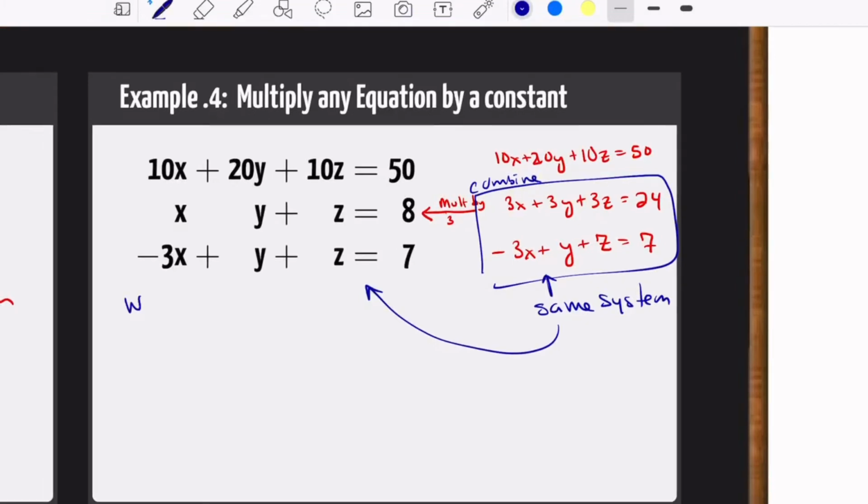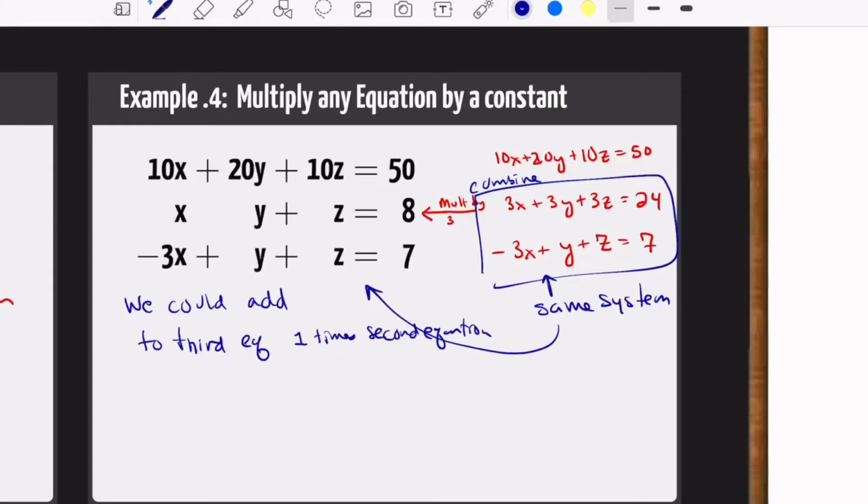So we could add to the third equation 1 times the second equation. If I do that, that would give me the following.